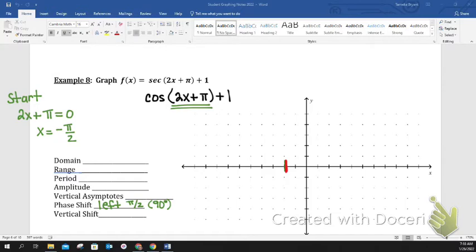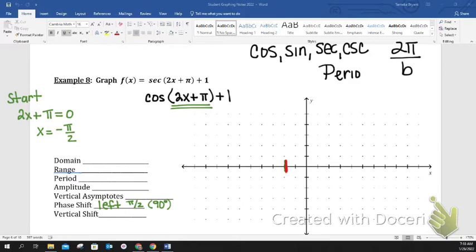And the end happens at the end of the period. So I have to figure out how long the period is for this function. All four, cosine, sine, and the sisters, secant and cosecant, use the formula 2 pi over b to find the period. This is how you find the period for these four.